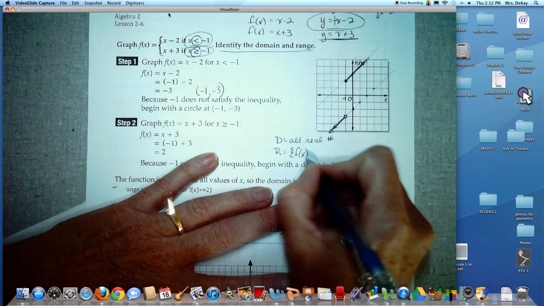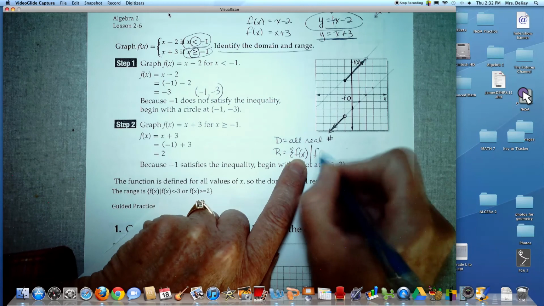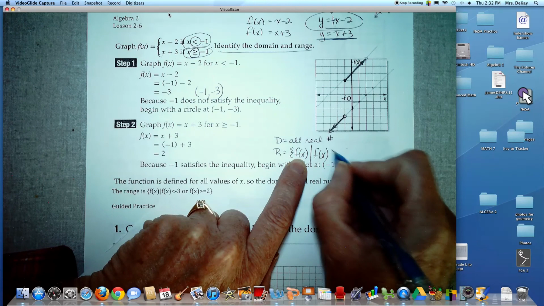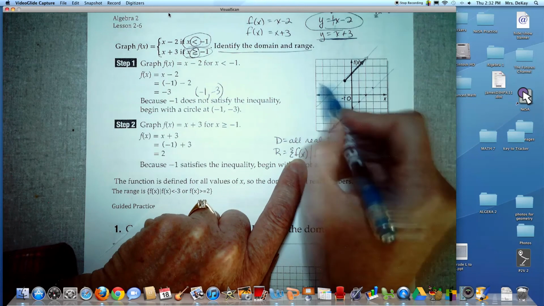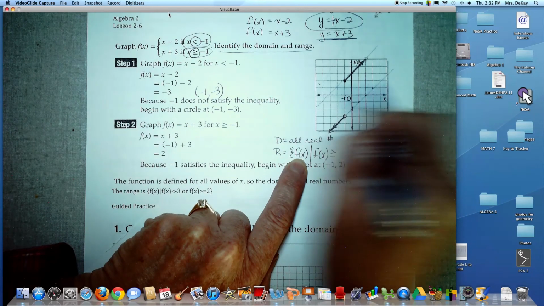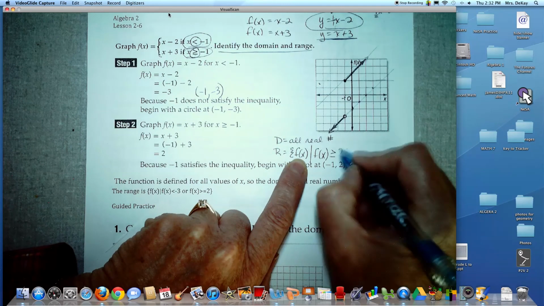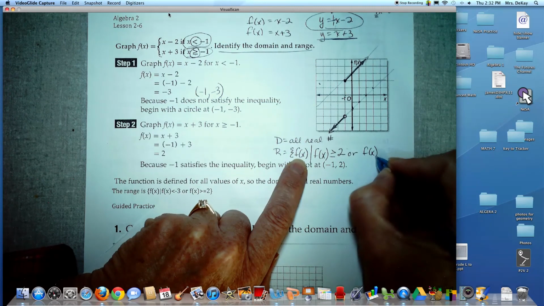You would go the set of all f of x such that f of x is greater than or equal to, my positive numbers are here. What is this number right here? Because this is the number I'm concerned about. It's 2, right? So greater than or equal to 2. Or f of x. Isn't that just greater than? No, because that dot's filled in.